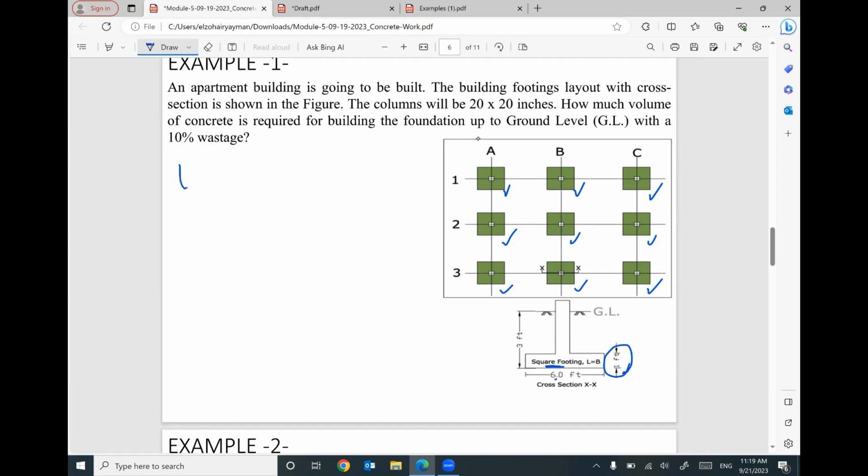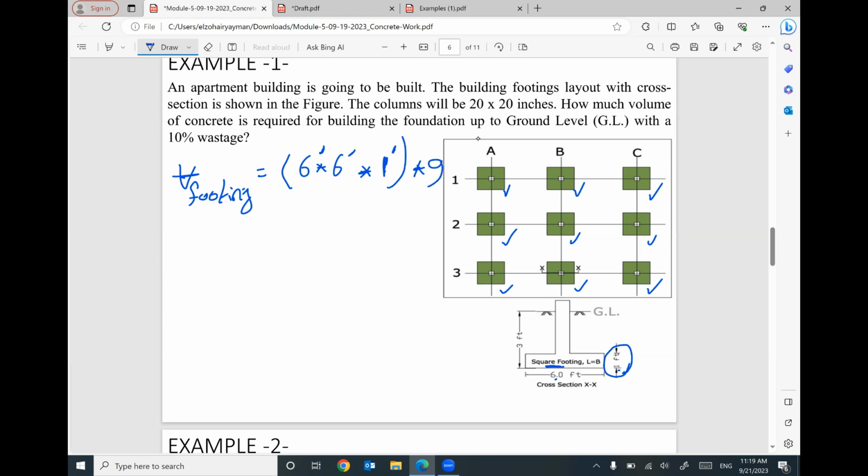So if you would like to figure out the volume of footing only, I need to multiply the length by width, 6 by 6. You are lucky because the footing is a square. By thickness, the thickness is given in this sketch equal 1 feet. Your unit is okay. Times the number of footing, how many footing in this plan is 9 footing.